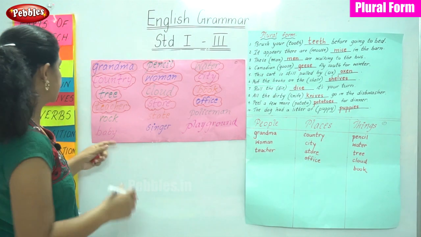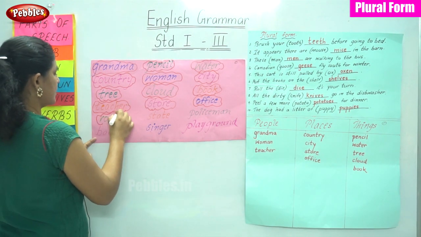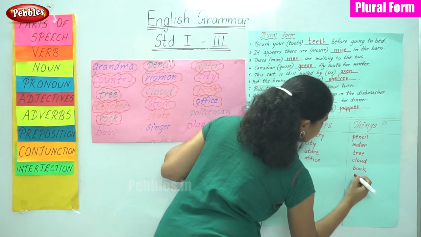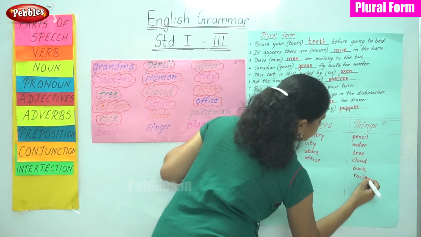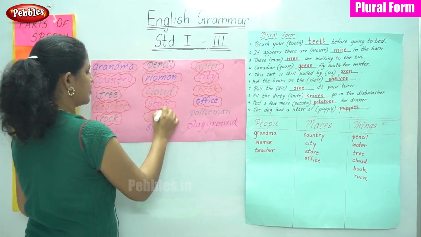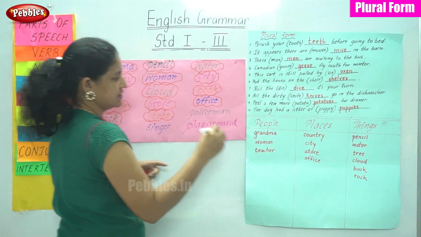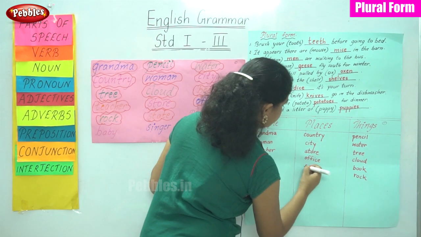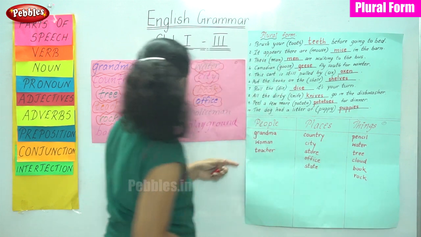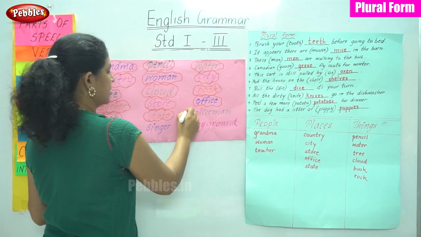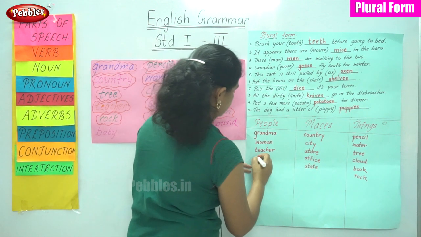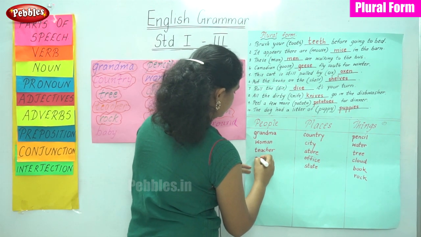The next word is rock. Rock is the name of a thing, so I write it under things. Next, state is the name of a place, so I write it under places. The next is policeman, the name of a person, so I write it under people.